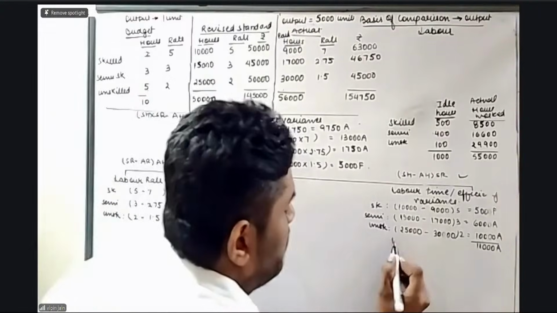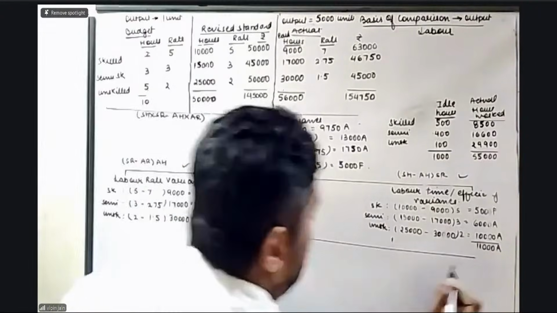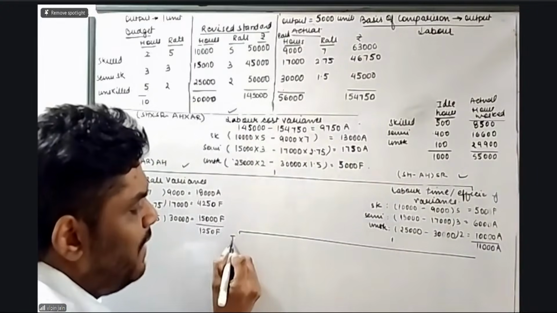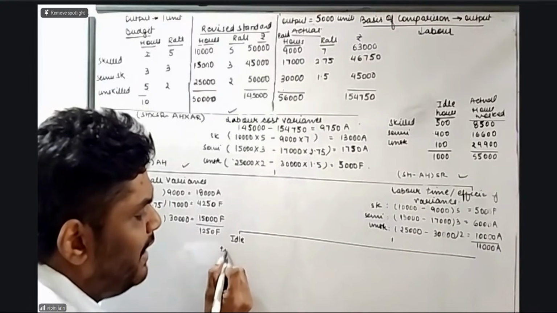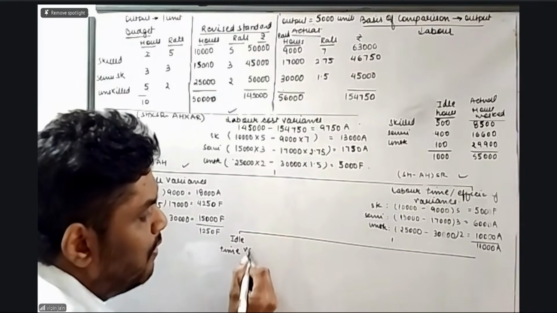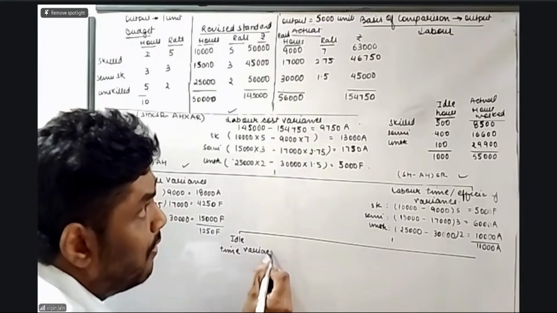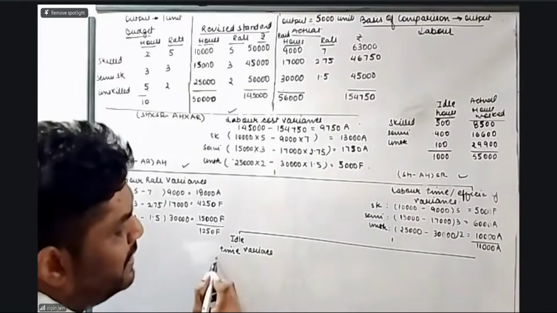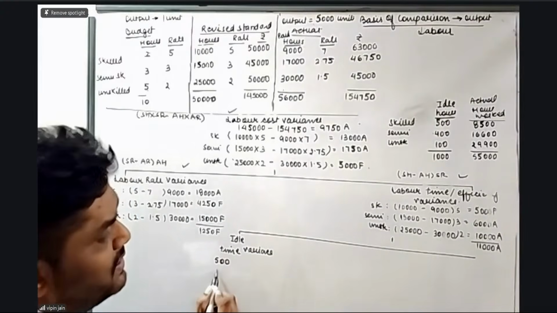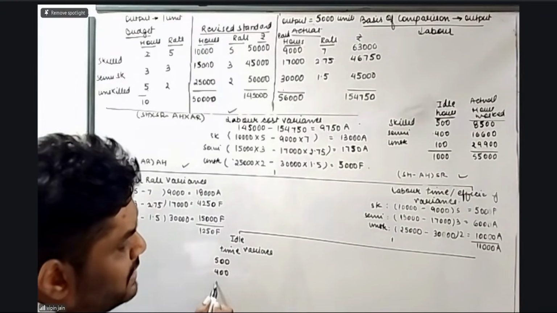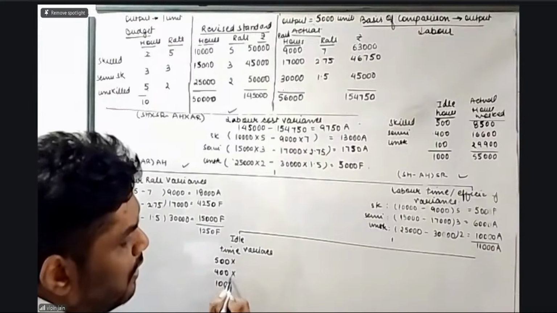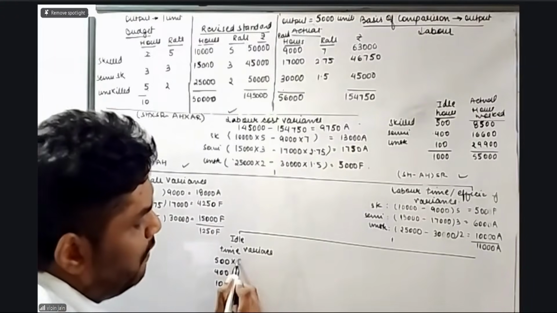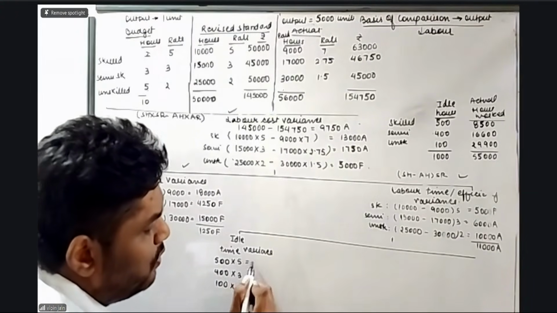However, a new variance will come into the picture, that is idle time variance. Since it's a loss to the company, these variances will be adverse only. So 500 hours, 400 hours, and 100 hours into the rates 5, 3, and 2.